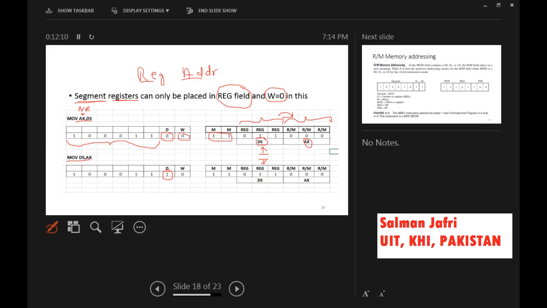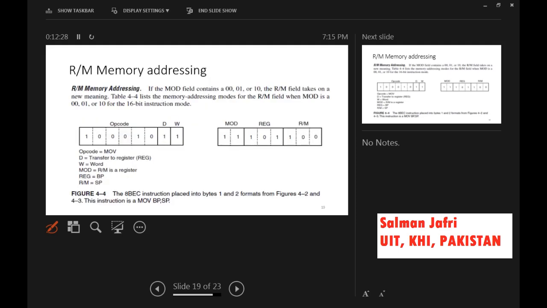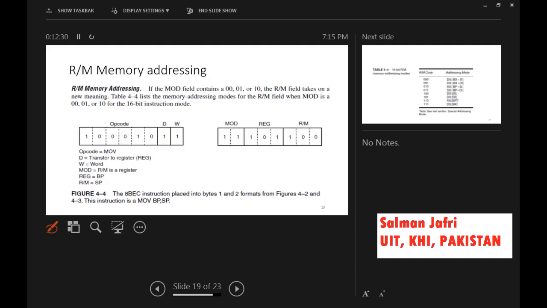Why? Because now data is flowing out from R/M, and when data flows out from R/M, the D direction bit becomes 1 in the opcode. Now this was as far as the register addressing mode is concerned.